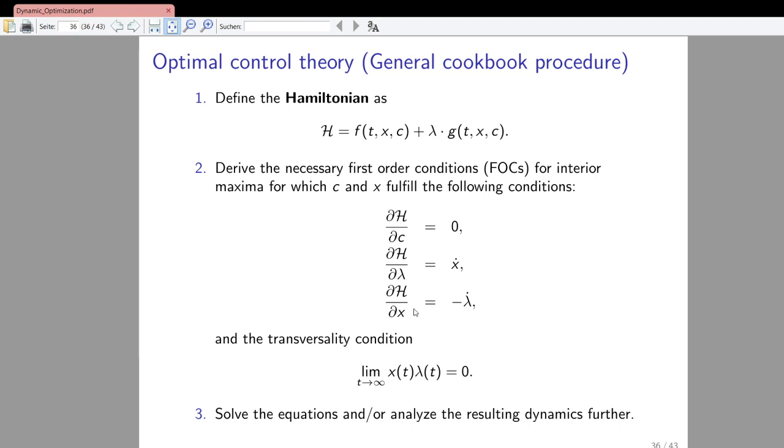Only at that intertemporal allocation I would have an optimum. So these three conditions have to be fulfilled for an interior maximum, and of course the transversality condition also has to hold. That's the second step, and in the third step we need to solve the system of equations that we have here and analyze the dynamics further.